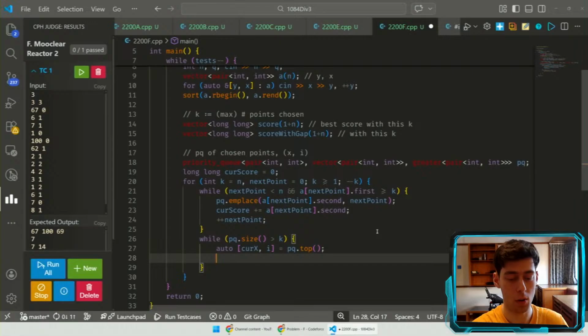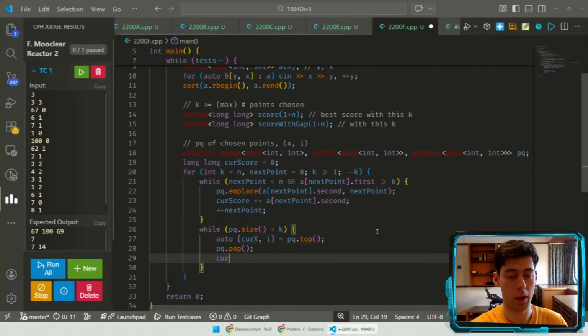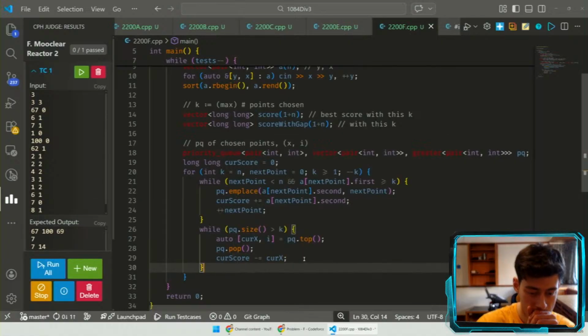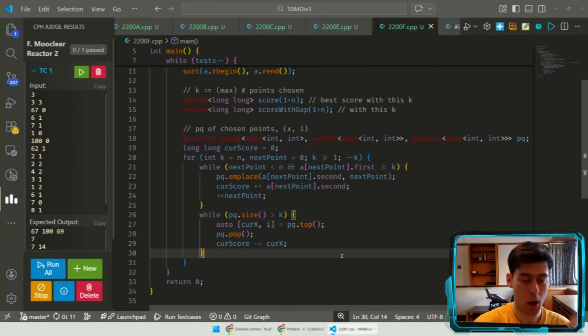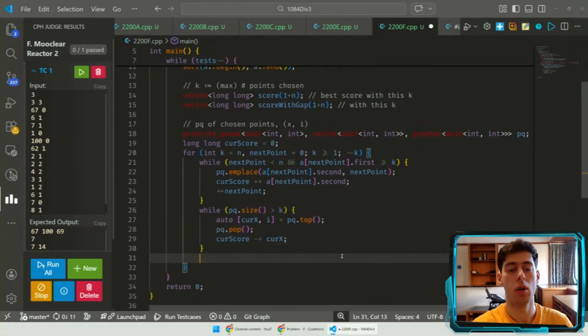Top of the priority queue, PQ pop, and current score minus equals current x. Okay, so now I should have at most k values.